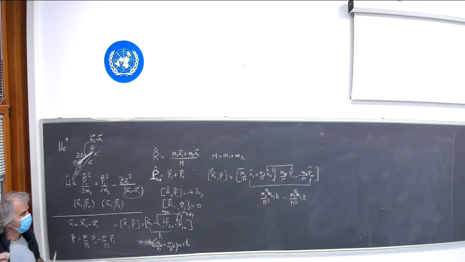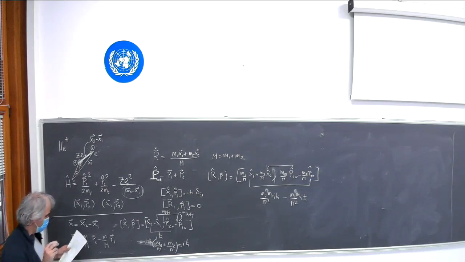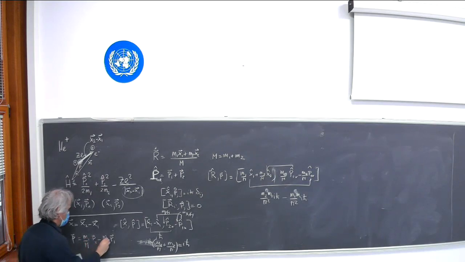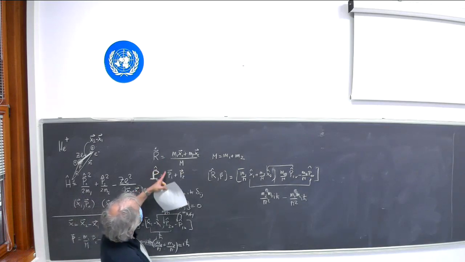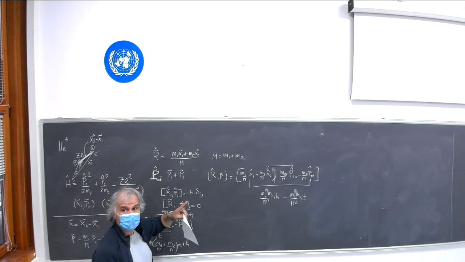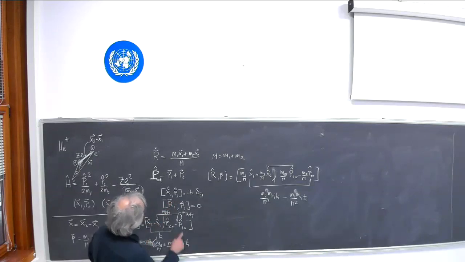By definition, I did not understand your question. I'm just asking whether you define such that in the canonical coordinates, big R and big P, their commutation becomes 0, while in the relative coordinate it's still i h bar delta. This commutator is not 0. This with that is i h bar. Then what about the small p?